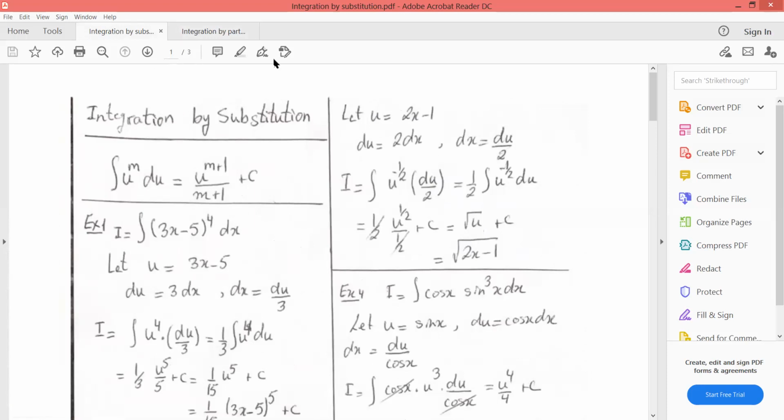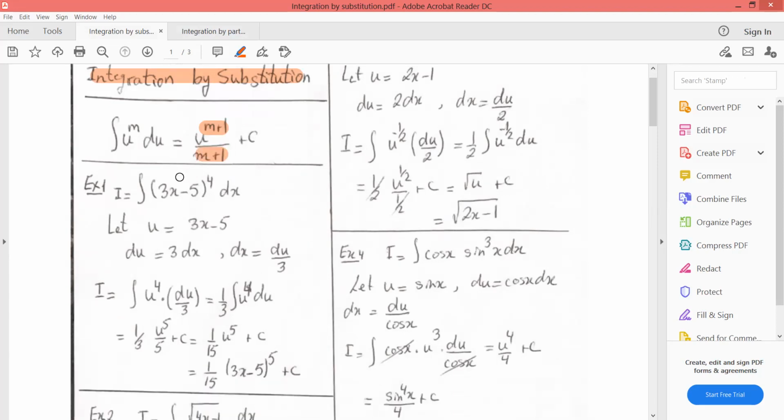First method, integration by substitution. The integral of u to the m du is u power m plus 1 over m plus 1.